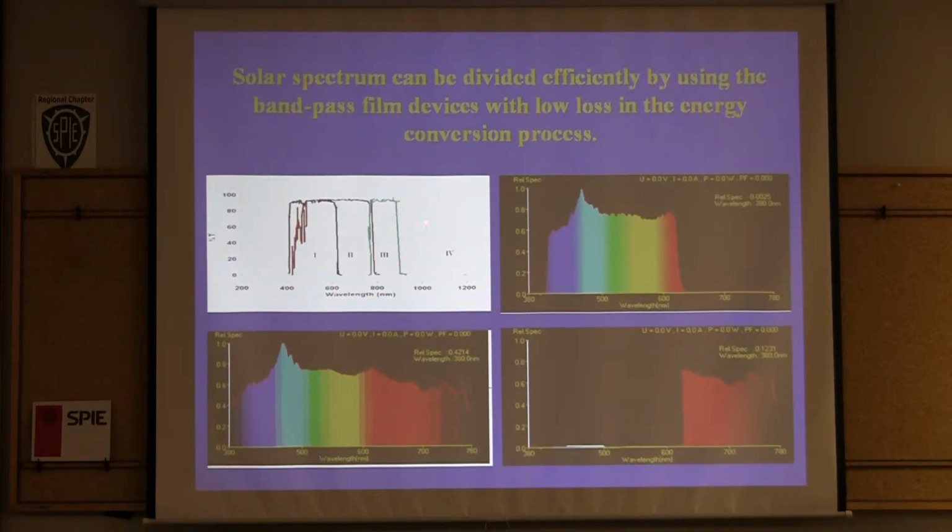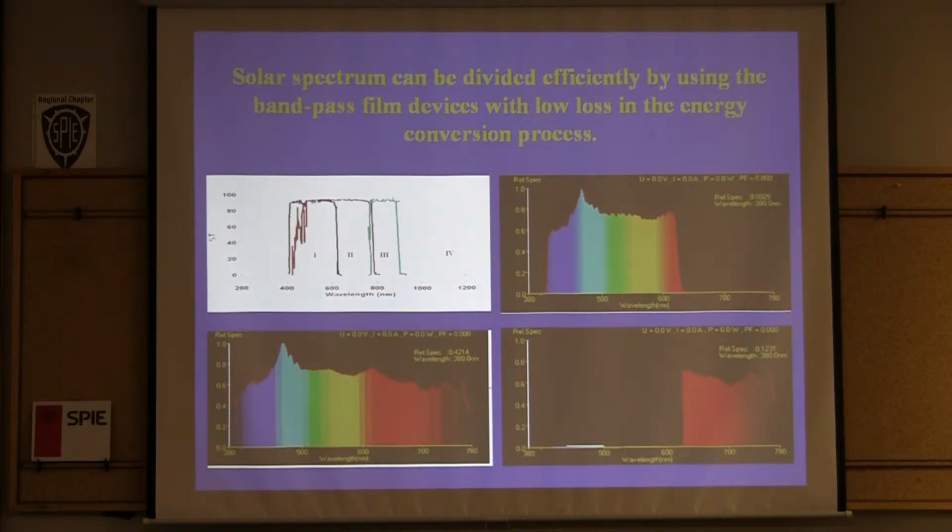The solar spectrum can be divided efficiently by using a bandpass filter film device. Then for each range we use not multiple junction but a single junction. If we can find a device very efficient in this range, we get very high conversion efficiency.